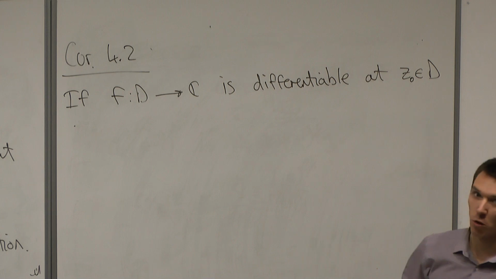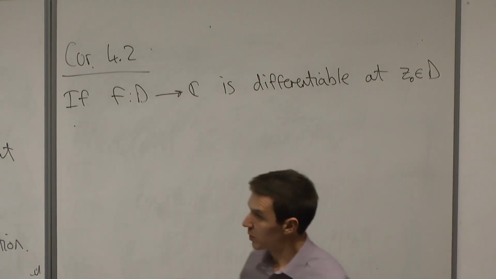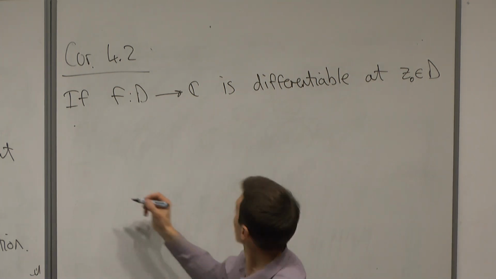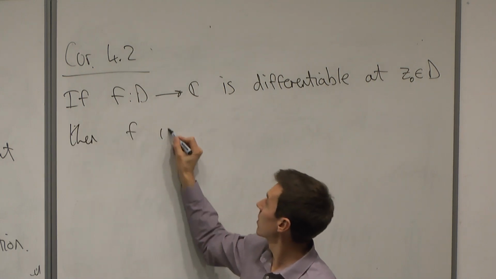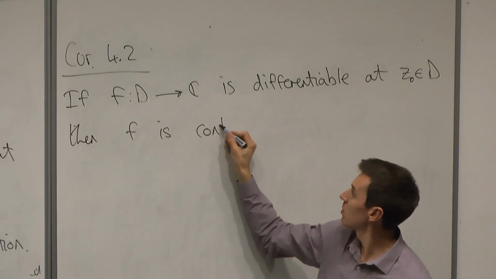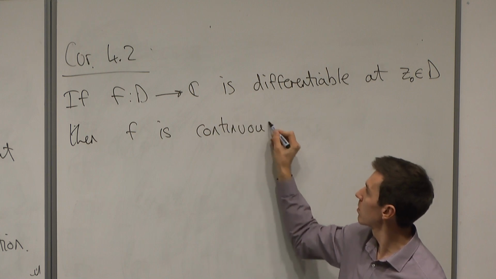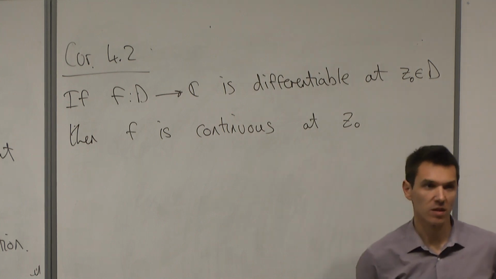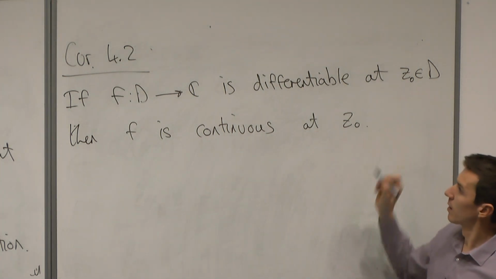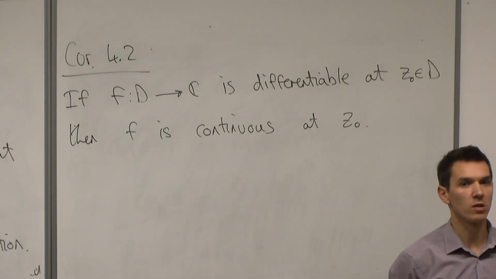Actually, this is z0, yeah. Just to be consistent with notation. Then f is continuous at z0, okay? And again, you will have seen a similar result in real analysis.